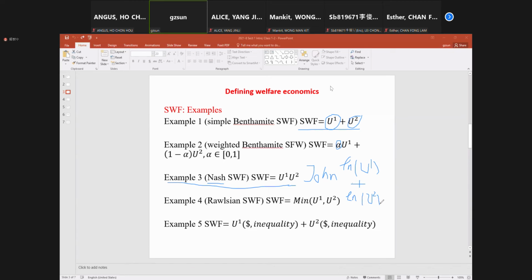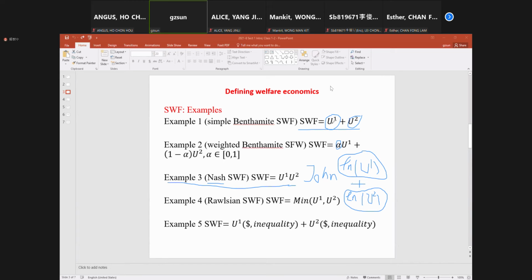If you take this term altogether as a new utility function, and this is the new utility function for person 2, then to maximize the Nash social welfare function value is to maximize the sum of this term plus the sum of this term, but that is precisely the Bentham-Schmidt social welfare function.